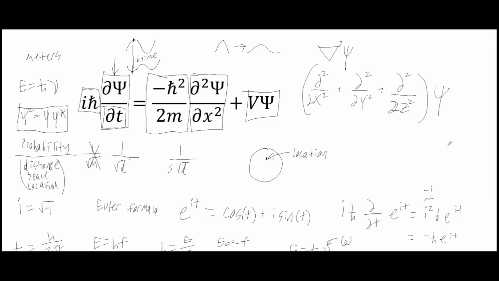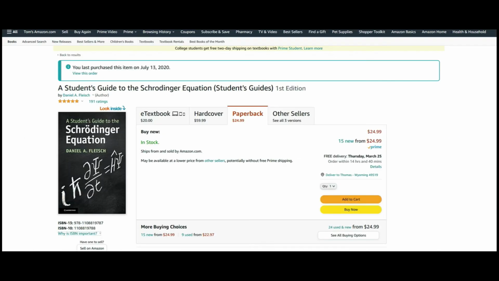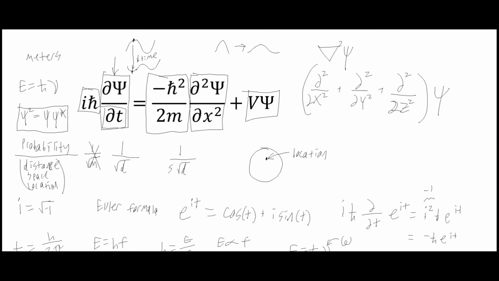You can re-watch older videos of mine, or you can find other YouTube tutorials on this to get different explanations. Like I said, you can check out the book, The Student's Guide to the Schrodinger Equation. Maybe if you watch my video and then read this, something will start clicking in your mind, and it will start making more sense.